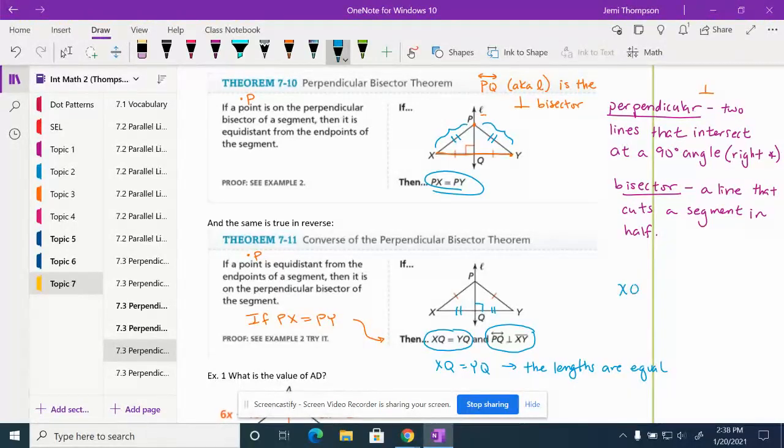We can say something similar, but it's a little different, that XQ is congruent to YQ. And here I'm not talking about the length per se, I'm saying that the line segments are congruent. And congruent means that not only do they have the same measure, but they also have the same exact shape. Very similar ideas, they're used slightly differently.